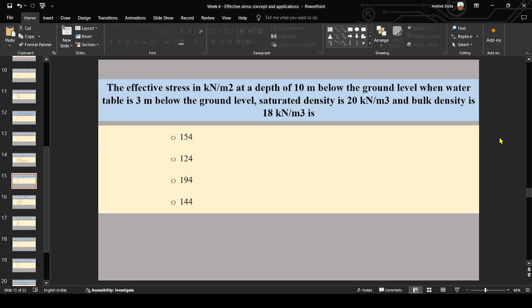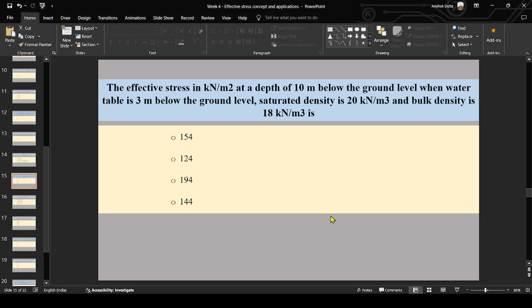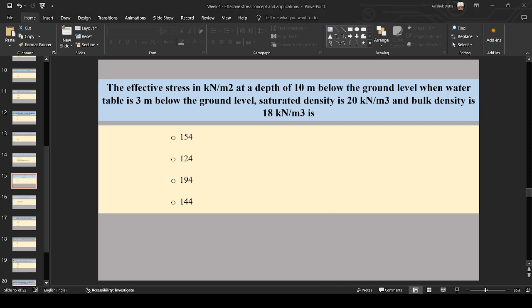In this case, what is the effective stress at a depth of 10 meter? The options are 154, 124, 194 and 144. All the options are in the unit kilonewton per meter square.